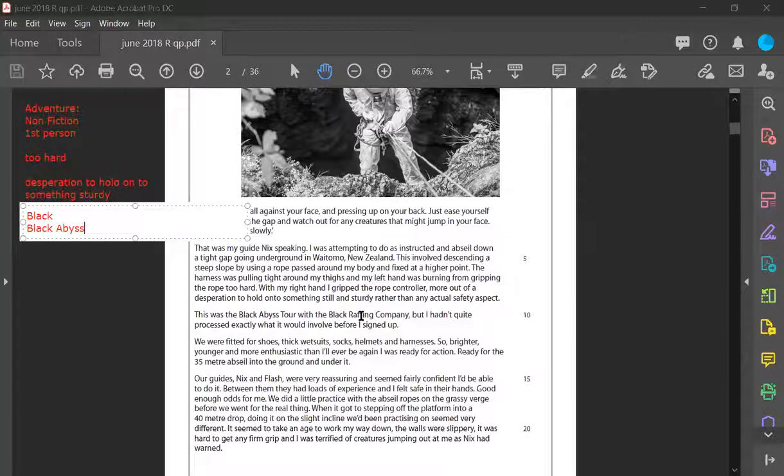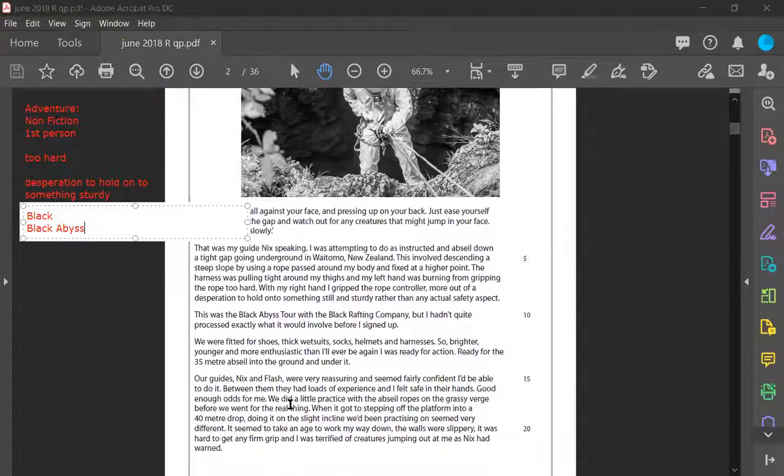When the writer uses the word Black Abyss, combined with Black Rafting Company, both of the companies together have the most common word in it, black, which stands for fear, right? And then this is further confirmed when the writer says that she wasn't quite able to process exactly what she would be involved in. So all of this came as a surprise because the writer didn't know what would be happening to her.